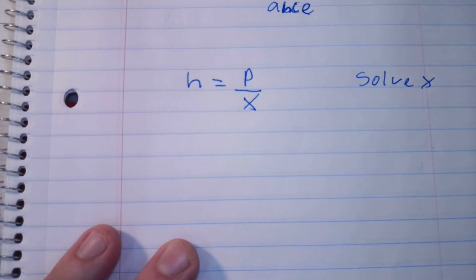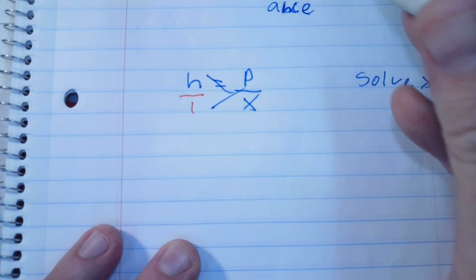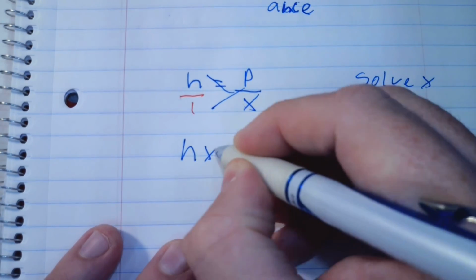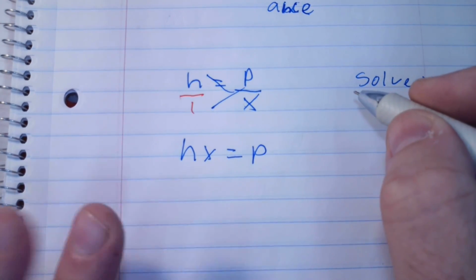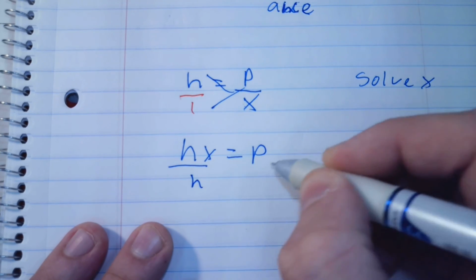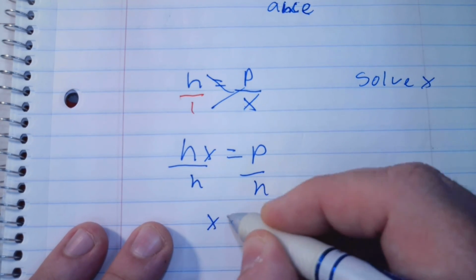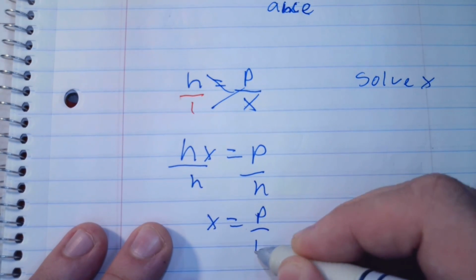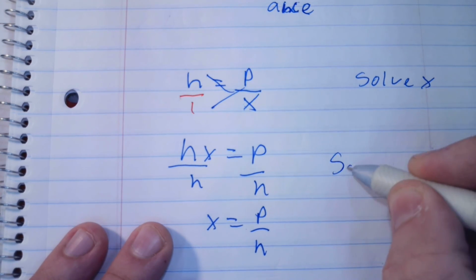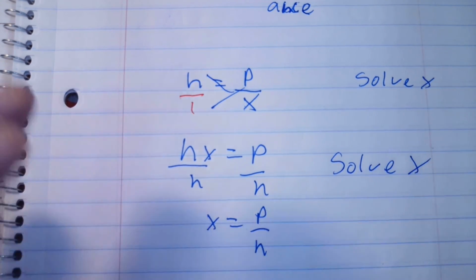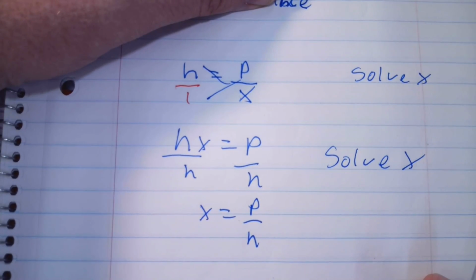So how do we kill fractions? Cross multiply, I get HX equals P. Divide by H, X equals P over H. And of course, this is only the solution if I solve for X. That's it.